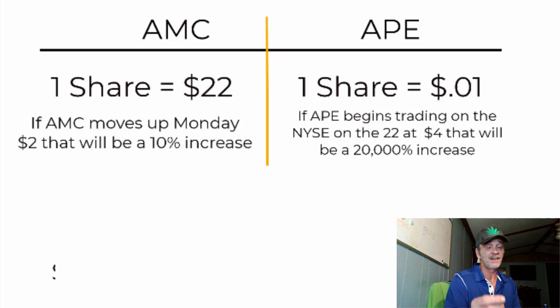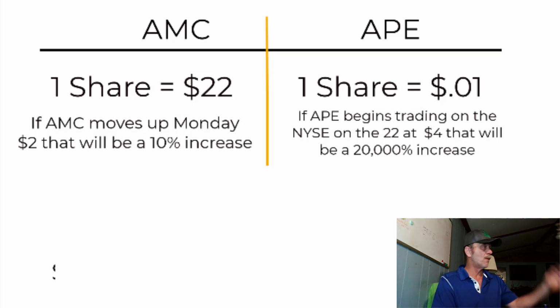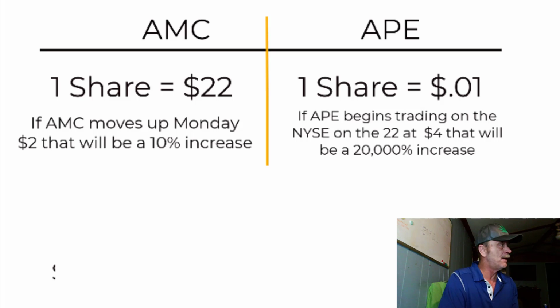It's perspective, people. Now, I know one particular popular YouTuber's talking badly about the APE stock, but I think he probably owns about 5,000 shares of AMC. So on the day that the APE share starts trading and you have 5,000 shares of AMC, that dividend was worth $20,000 to you.